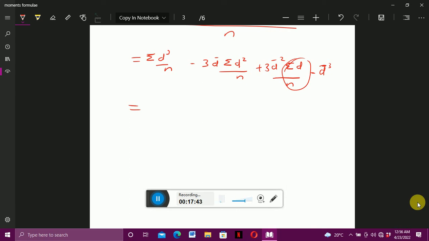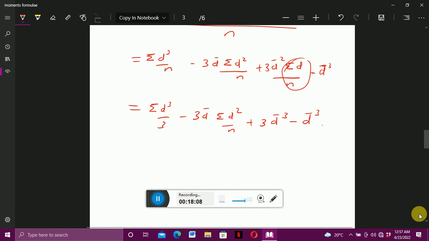So we have d bar cubed. So this is going to be sum d cubed over n minus 3 d bar sum d squared over n plus 3 d bar cubed. Sum of d over n becomes another d bar, so minus d bar cubed.